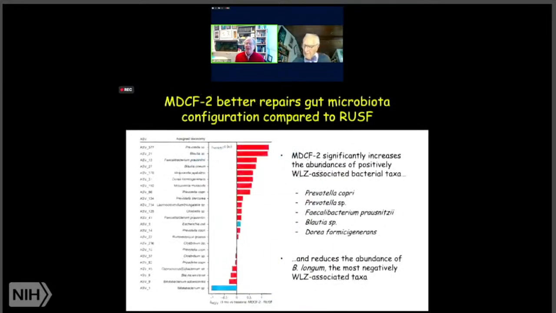But going back to the original question, MDCF2 produces significantly increased amounts of these positively correlated taxa than does RUSF, and has the greatest effect on reducing the abundance of the principal negatively correlated taxa, Bifidobacterium longum.